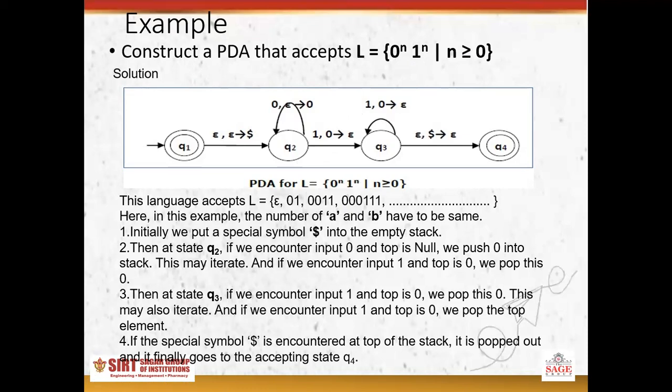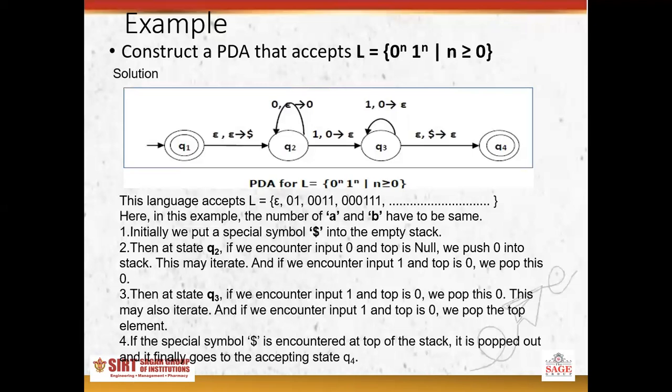Initially, we put a special symbol dollar into the empty stack. Then at state Q2, we encounter input 0 and the top is dollar, and we push 0 onto the stack.